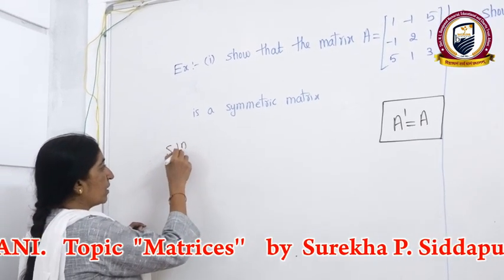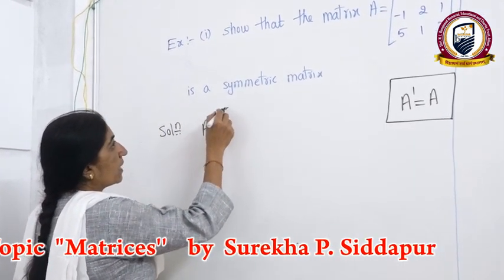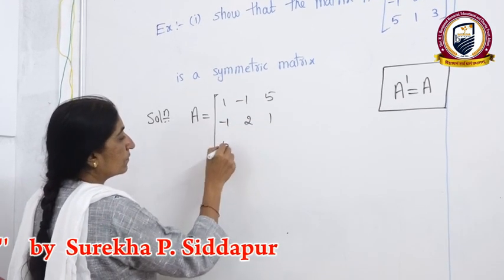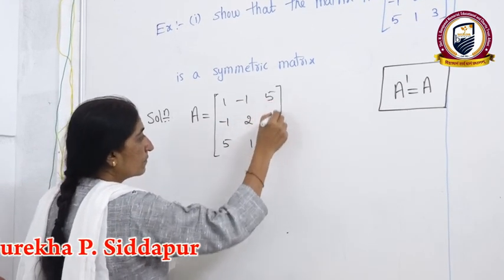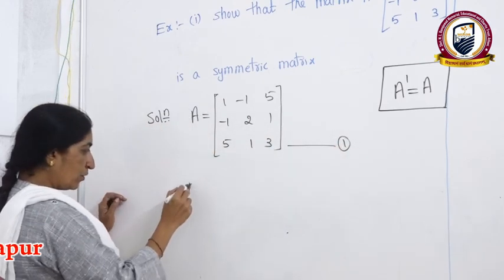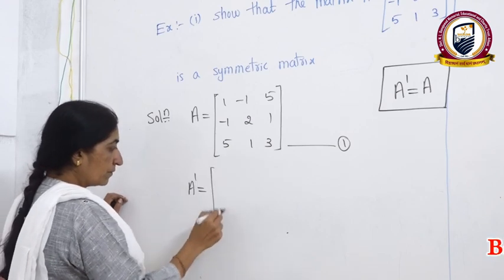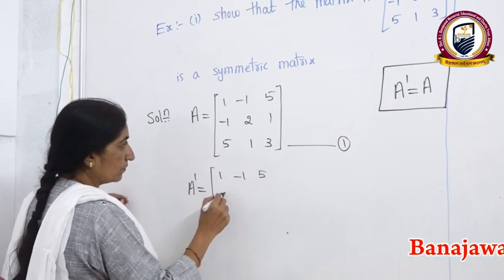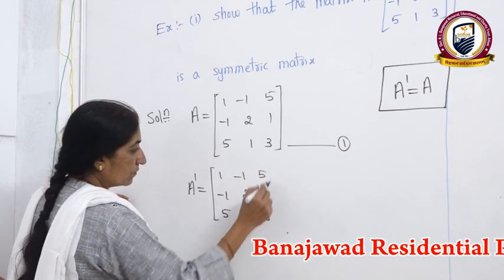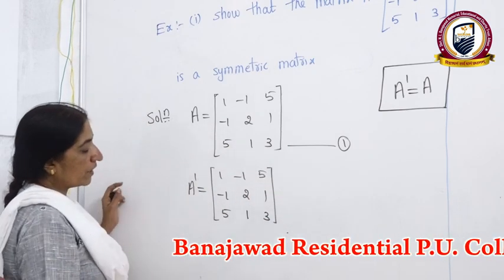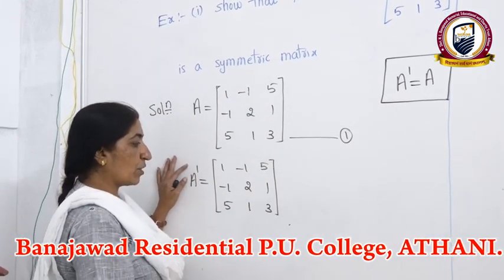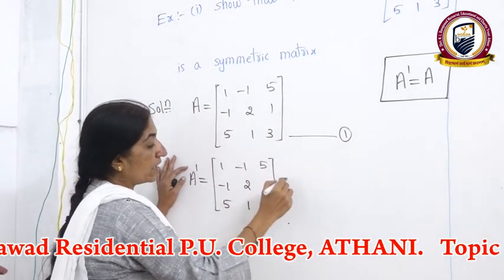Then how do we solve it? We write matrix A as it is. Let us call this equation 1, and write down its transpose. See, after writing the transpose, check this with A. Equate the corresponding elements. Is it again the matrix A or not?